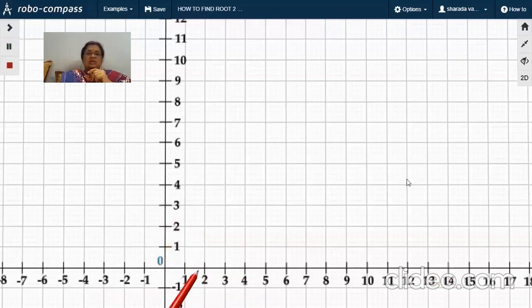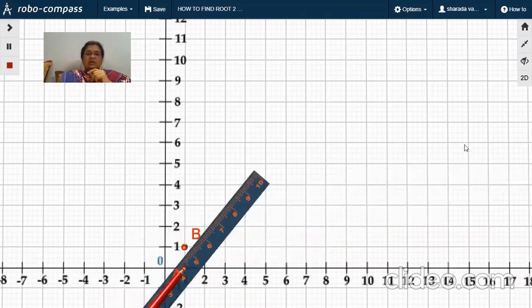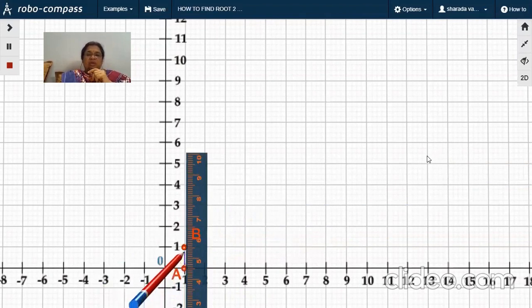See here the construction of root 2 value. How to locate the value of root 2 on a number line. You have to take 1 unit, that is you have to put a point.